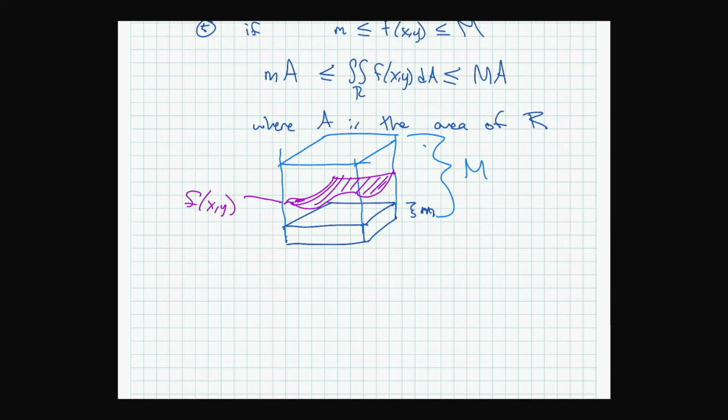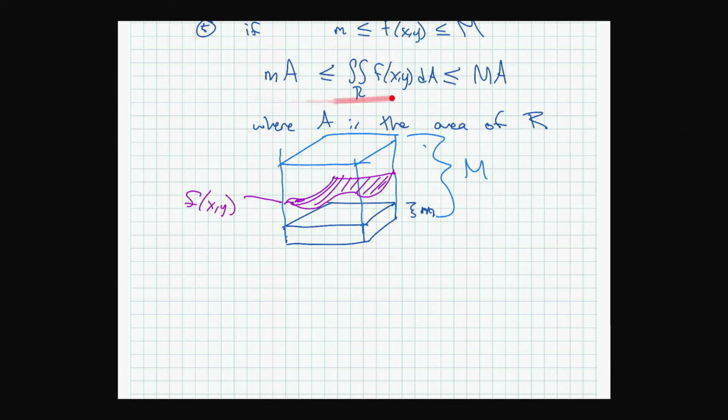Remember that the interpretation of this is the volume under the surface. So big M times A is the volume of the big box, and little m times A is the volume of the small box. And the integral is the volume under this purple surface. So of course the volume under the purple surface is going to be smaller than the big box, but bigger than the small box.